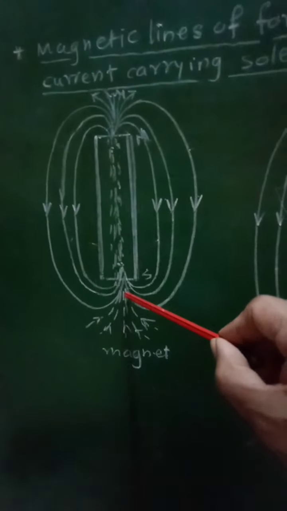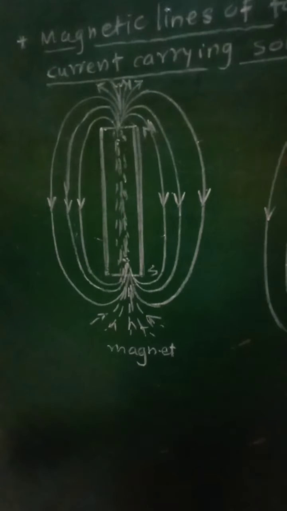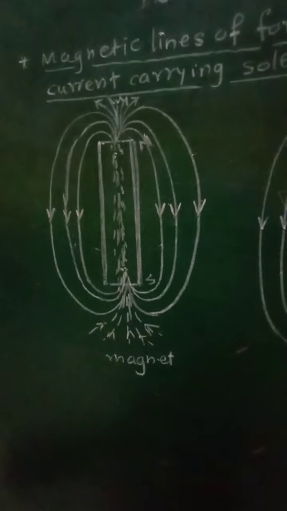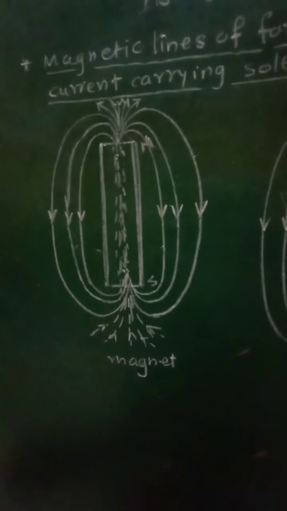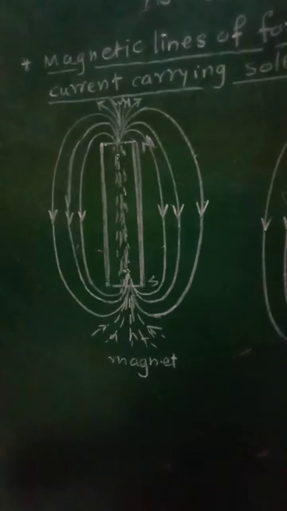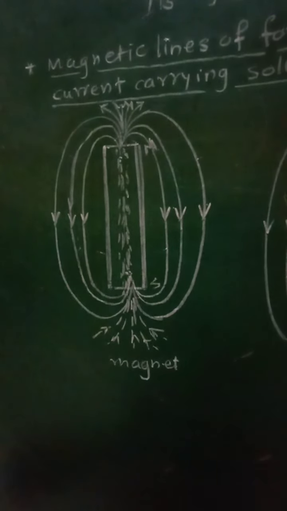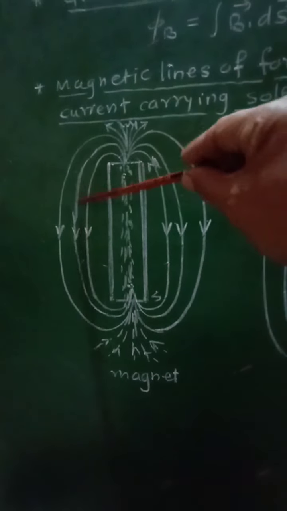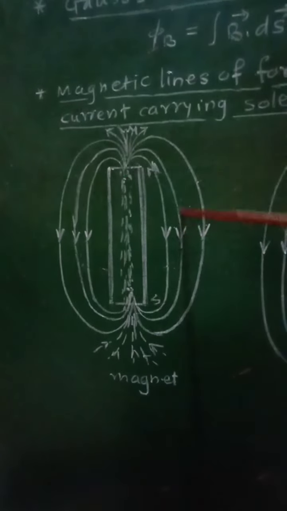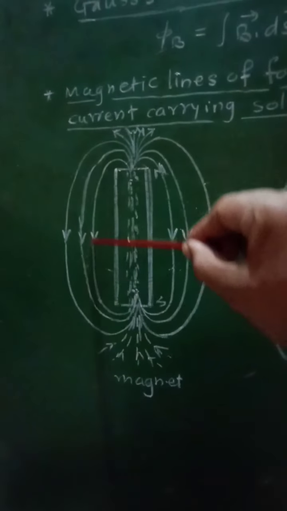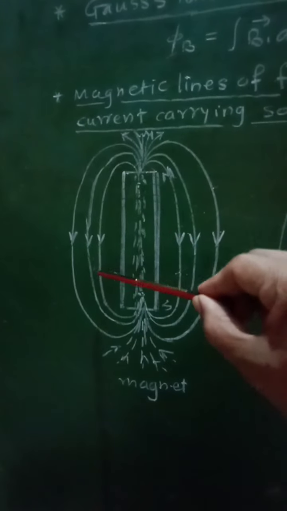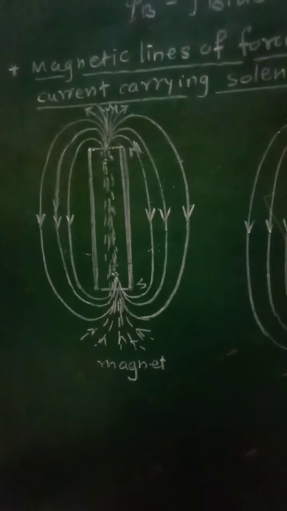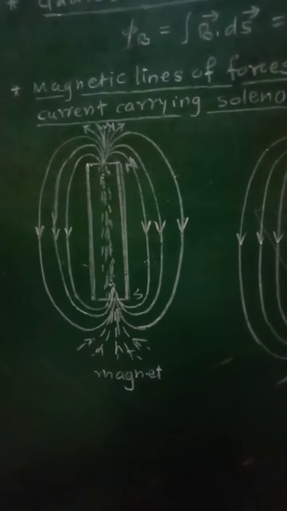In case of a bar magnet, the number of lines of force entering in and leaving out the given surface are equal. If you consider any surface here, then for that given surface, the number of magnetic lines of forces entering the surface will be equal to the number leaving that surface.